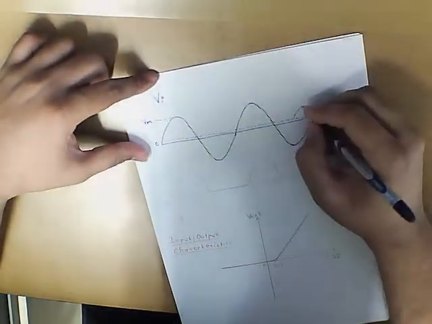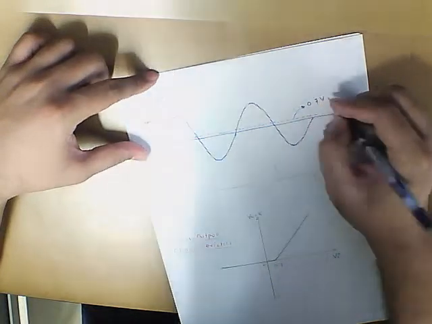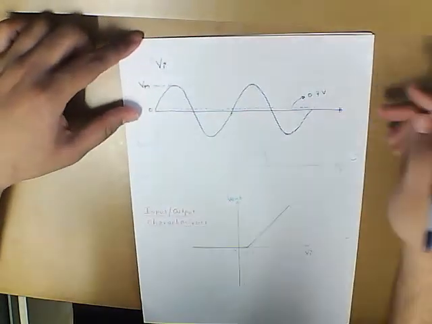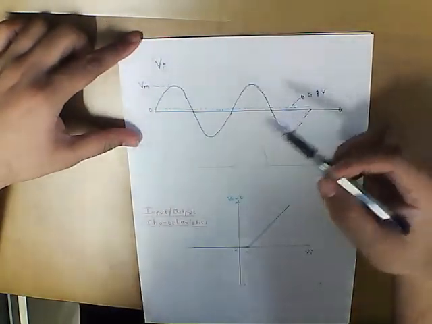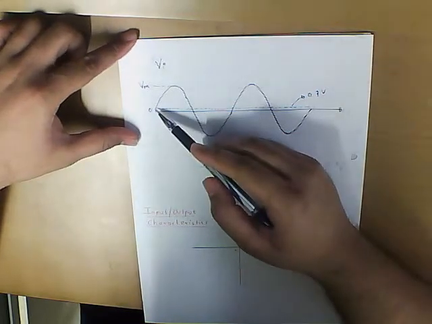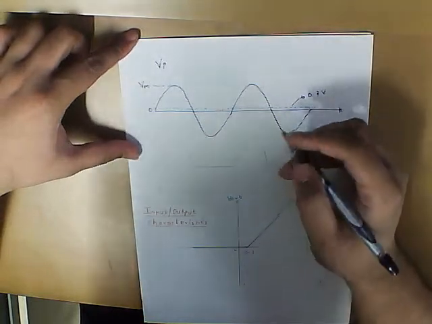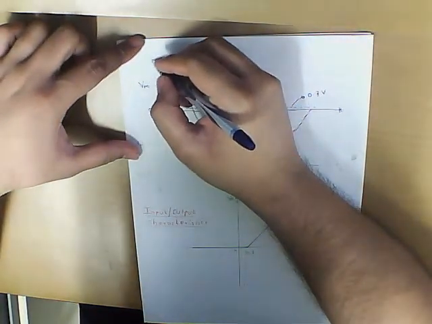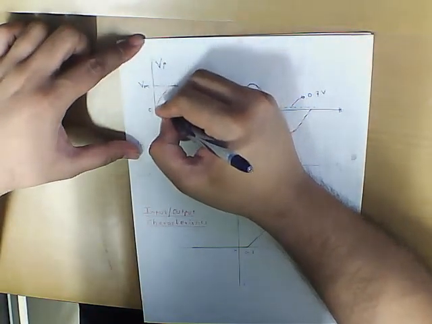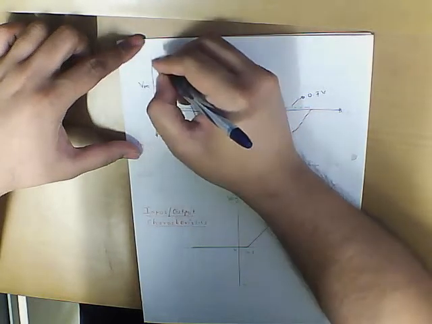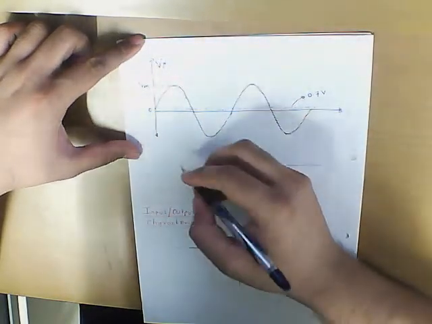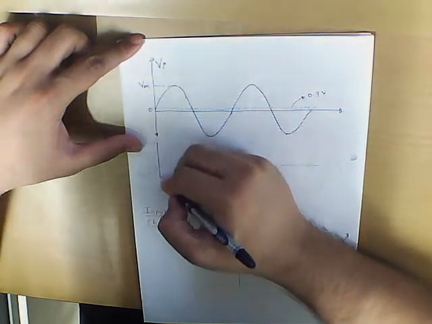So this level is 0.7 volts. Okay, so what happens is when the input exceeds 0.7 volts, we start getting an output. So this was our input waveform, and let us see now how the output waveform will look.